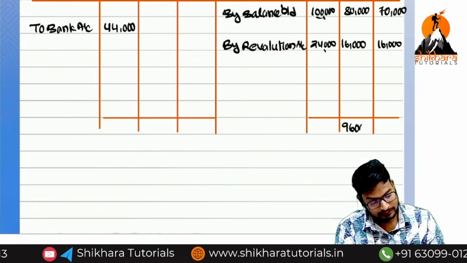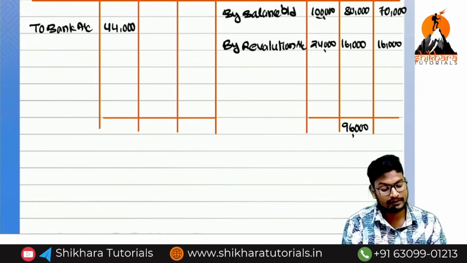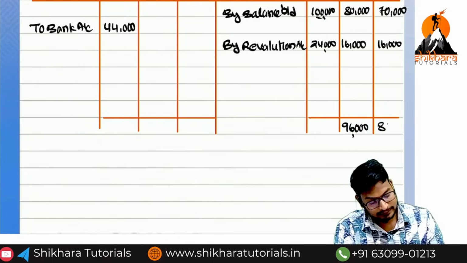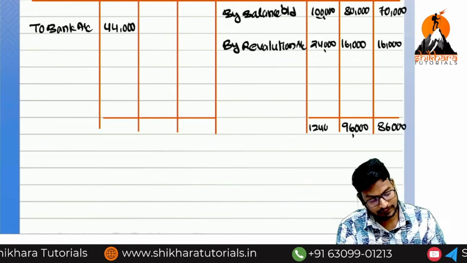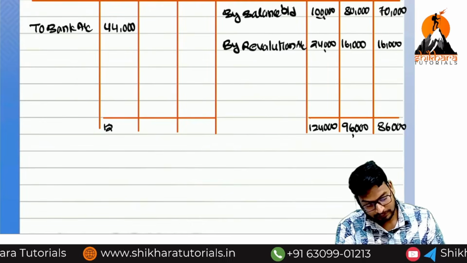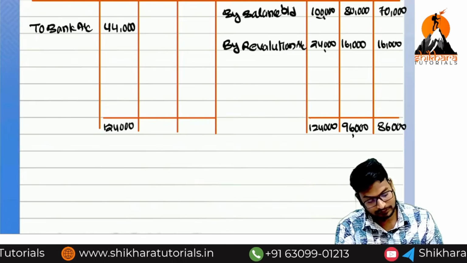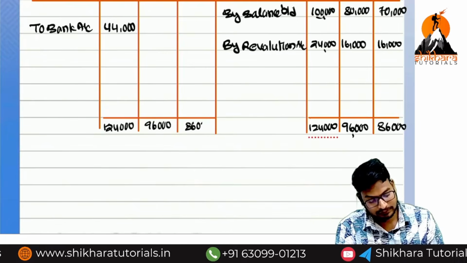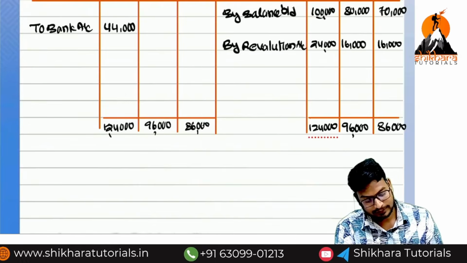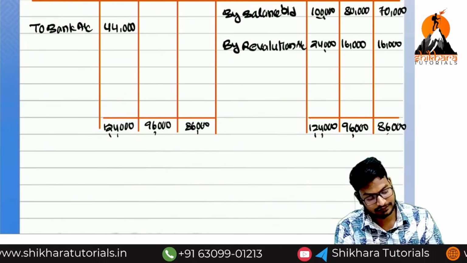So 96,000, and 70 plus 16, 86,000, and 1 lakh plus 24, 1,24,000. Here also 1,24,000, 96,000 and 86,000. So please keep the commas to avoid clarification checks.